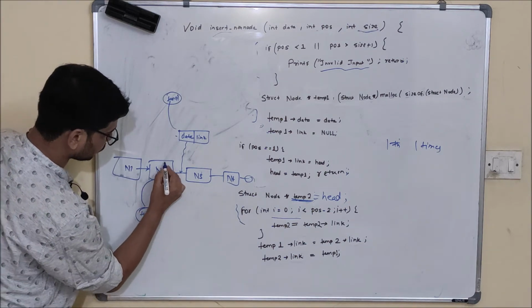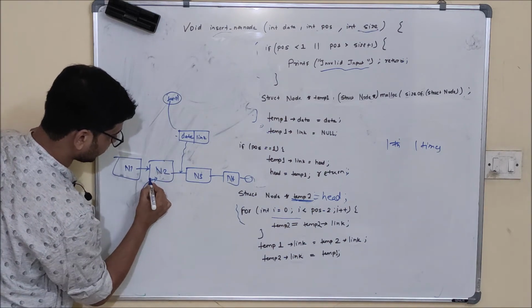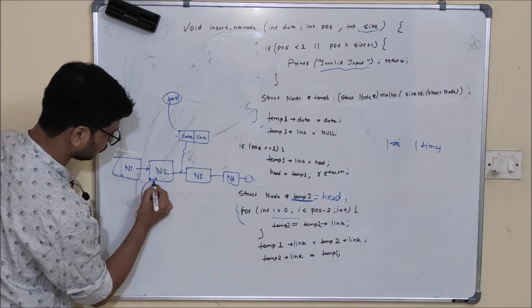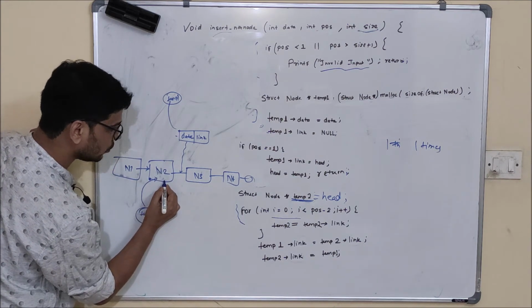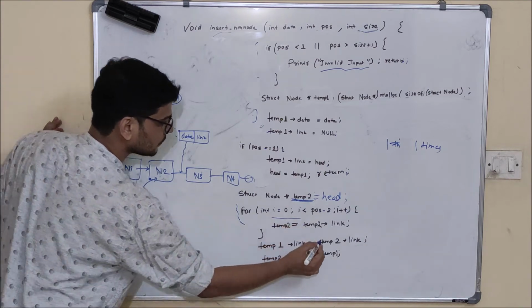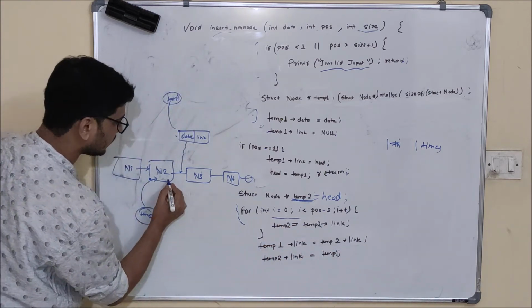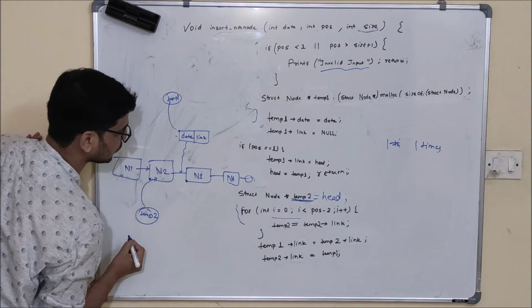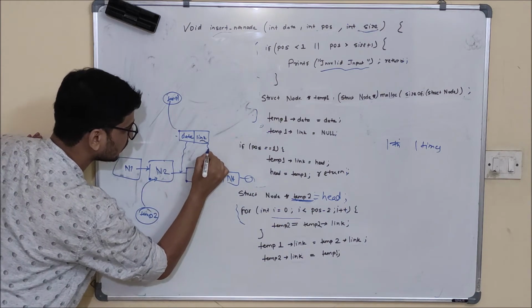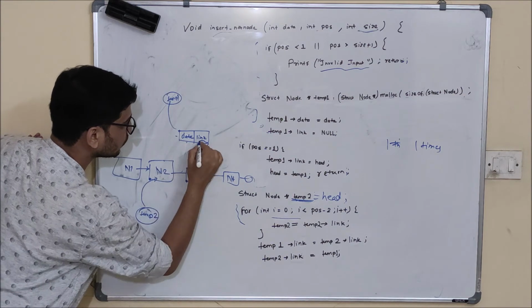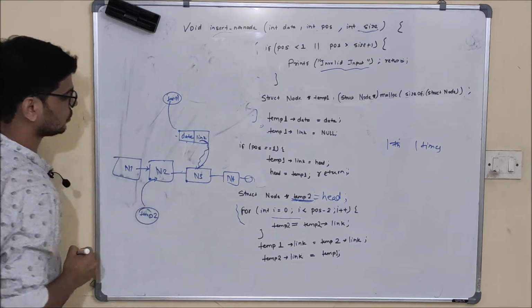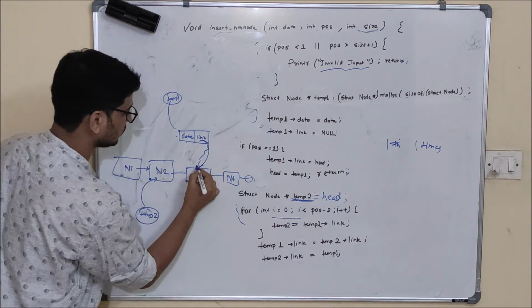So what is temp2? temp2 points at the starting position of node 2. So temp2 dot link will be the link part of node 2, and what does the link part of node 2 contain? Address of n3. So temp1 dot link will start to point to n3 in this line.